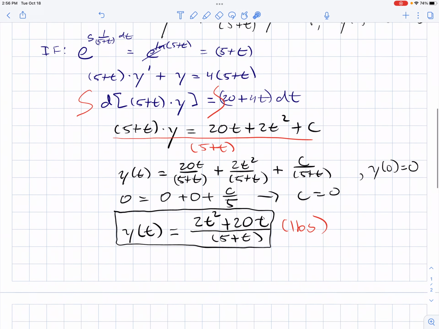So what we are trying to actually find is when the volume of that tank is equal to 50 gallons, right?